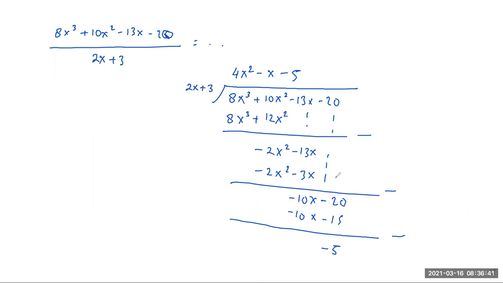How to write the remainder? Just the same technique as with numbers. So it will be minus 5 over 2x plus 3, the remainder over the divisor. So this is your final answer. My final answer is 4x squared minus x minus 5 minus 5 over 2x plus 3.